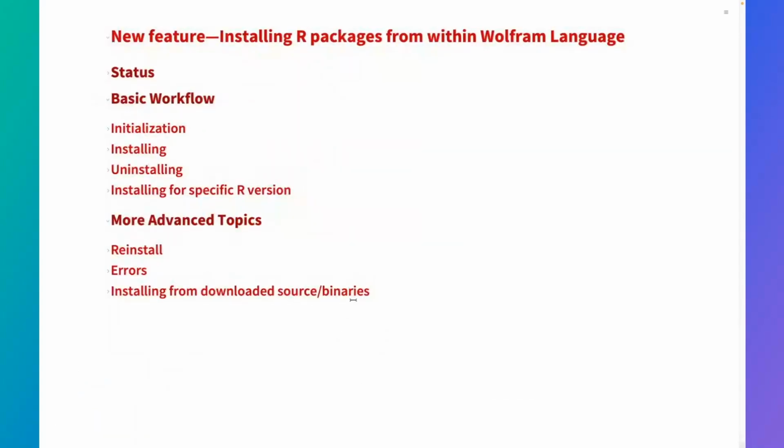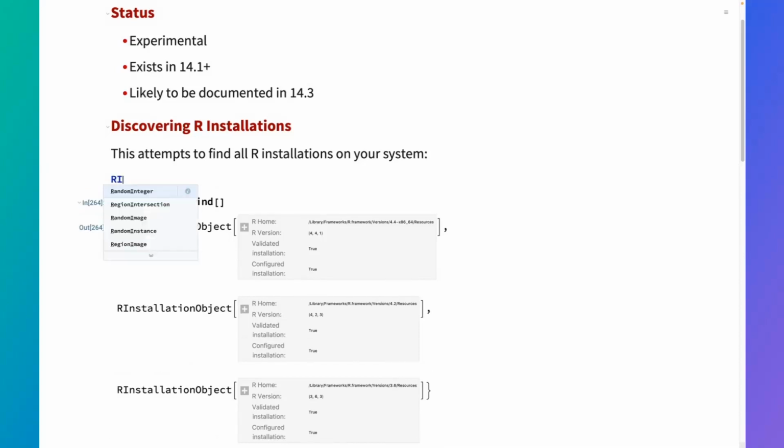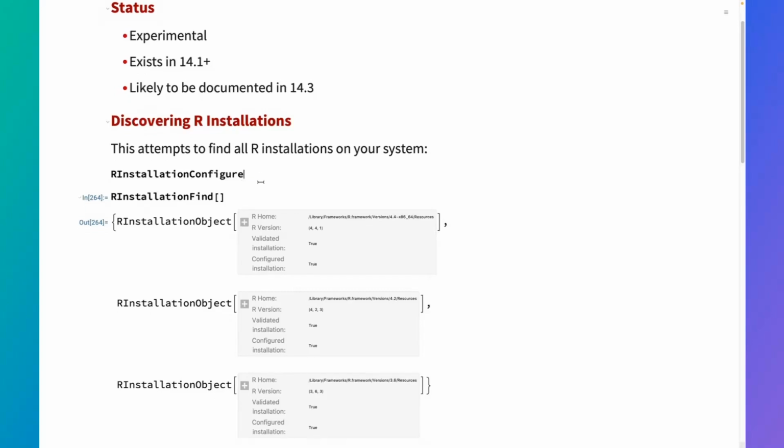Now, to return back to this one, there is also other functionality related to R installations. So basically, the system tries to configure installations immediately, but there is also a separate function, RInstallation configure, that does it manually. I decided not to show it here, but it will eventually be all documented.